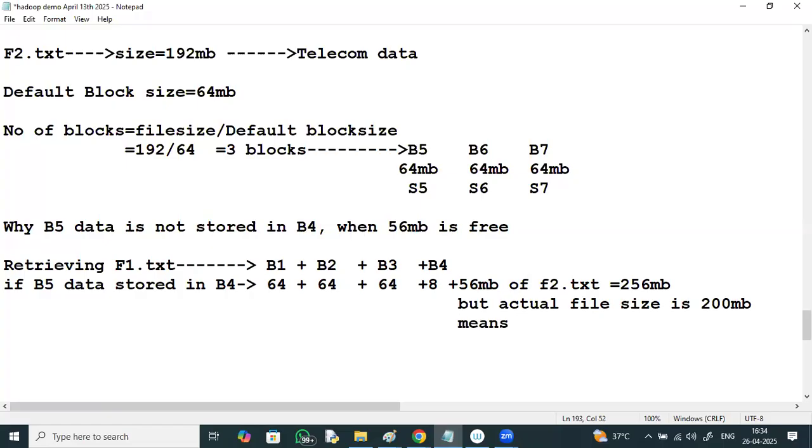Means you got 56 MB of extra data while retrieving the data.